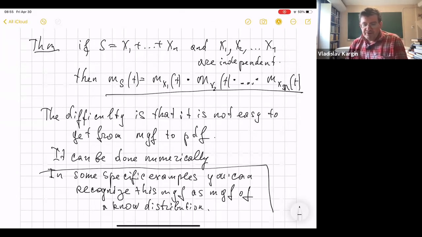And this is what we are talking about now in this chapter: some specific examples when it is possible to do this, in this lecture.